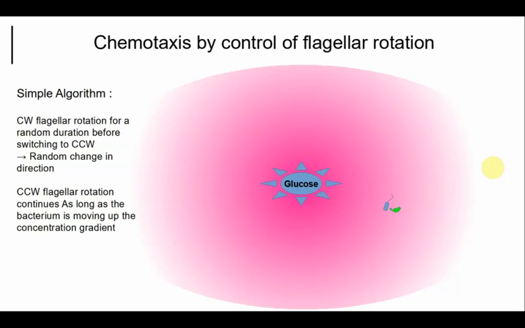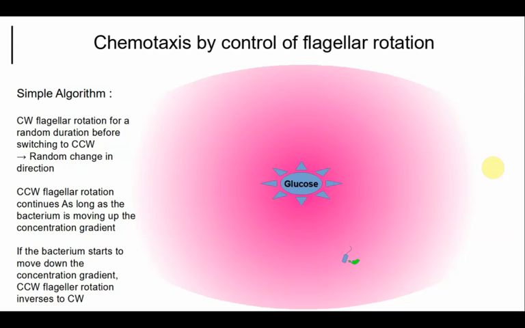So it's going to start moving forwards, and as long as the bacterium is moving up the concentration gradient, that's going to keep the flagellum rotating in the counterclockwise sense. So it's going to keep going in a straight line. But of course, it's probably going to overshoot, or it definitely will at some point. So it goes too far, but once the bacterium starts to go down the concentration gradient, then it's going to change direction again.